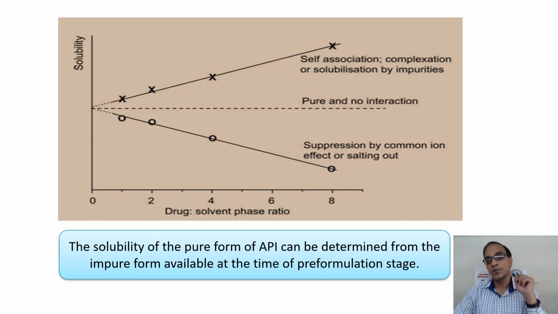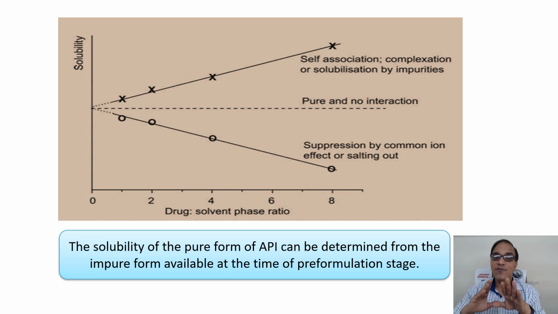In this figure you can see that if impurities are there, with self-association, complexation or solubilization by impurity, there is an ascending upper curve. And if there are common ions, a salting-out effect is there, suppression of solubility occurs in those cases, and a downward curve will be there.